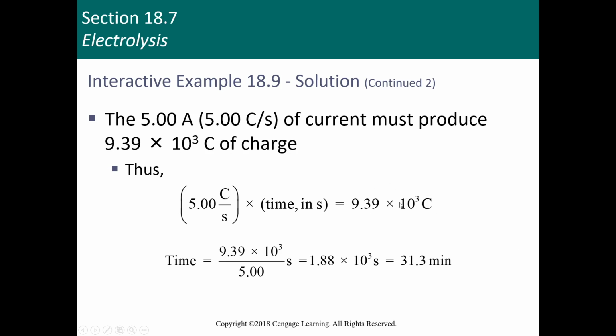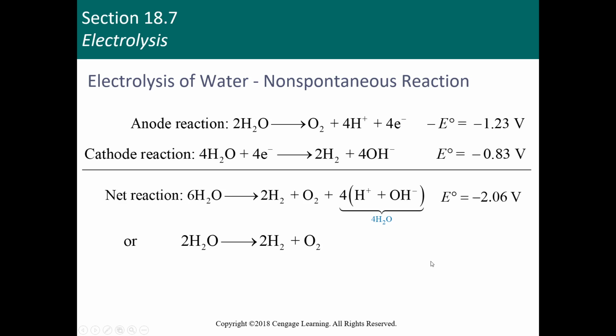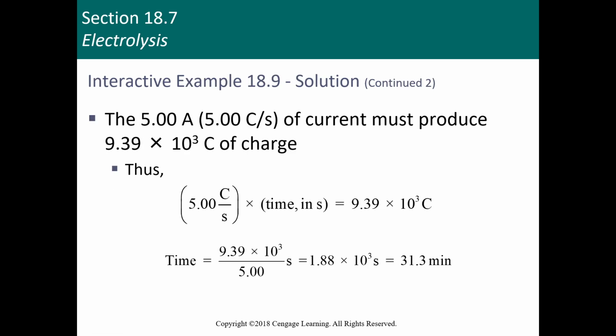So we take this number, we divide it by that 5 right there, that will give us our time in seconds. Now, you may want to do that in minutes instead, a little easier to deal with. So you divide by 60, you get your minutes. And there you go. That is your problem.